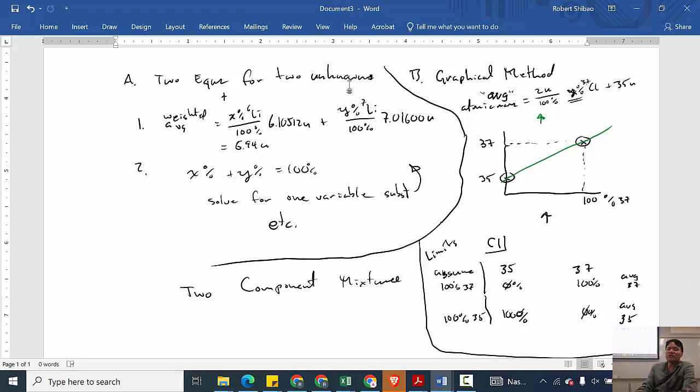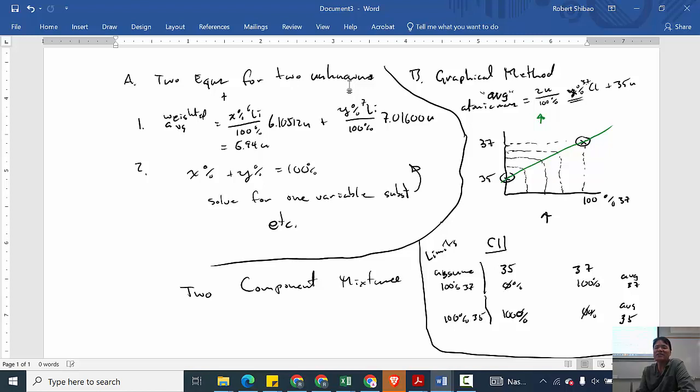So this is what I did yesterday, but I just did it in my head. I did it in my head because I said, well, if it's 50%, it would be 36. If it's 25%, it's going to be 35.5. If it's 75%, it's going to be 36.5.